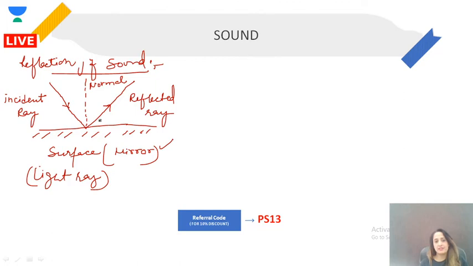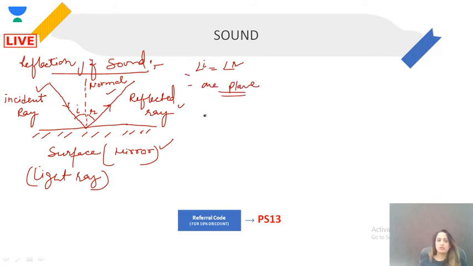So what we see is the angle of incidence, which is I, and the angle of reflection, which is R: I is equal to R, right? Angle of incidence and angle of reflection are the same. And the second point is the incident ray, the normal and the reflected ray all lie on one plane.